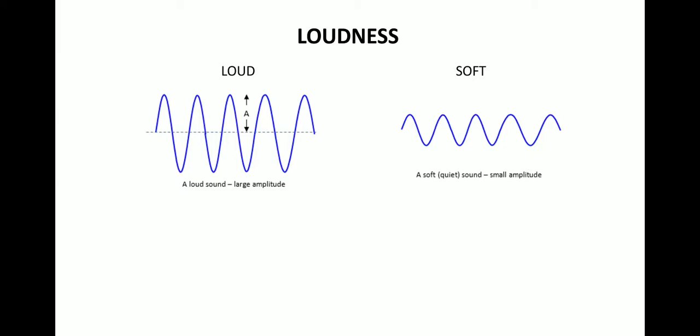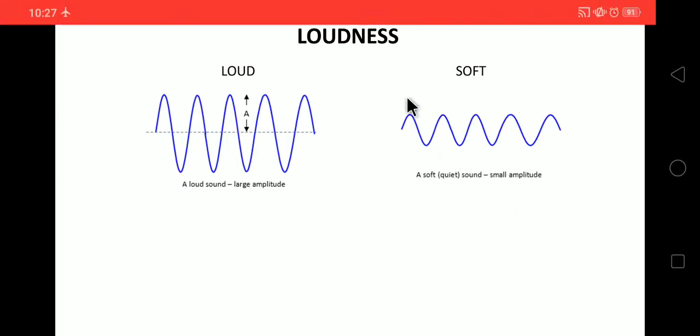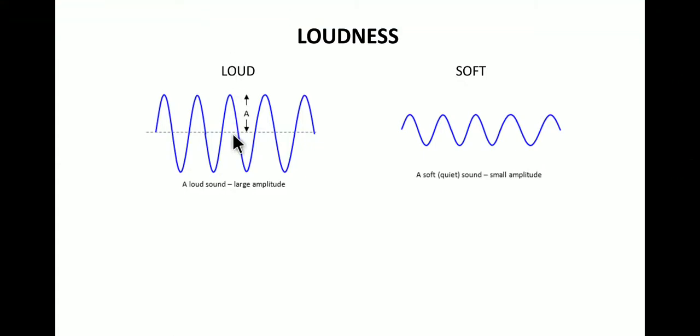You can see the two waves have a difference in their amplitude. Other than that, both the waves look similar. In the loud one, the amplitude is quite large, and in the case of soft, the amplitude is quite small.